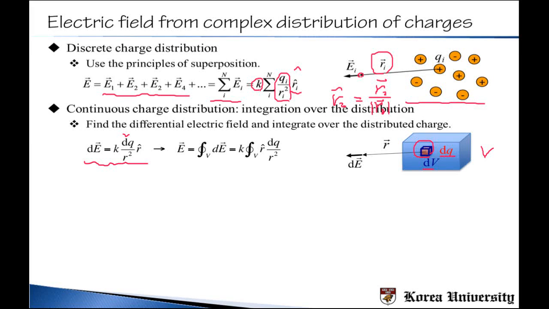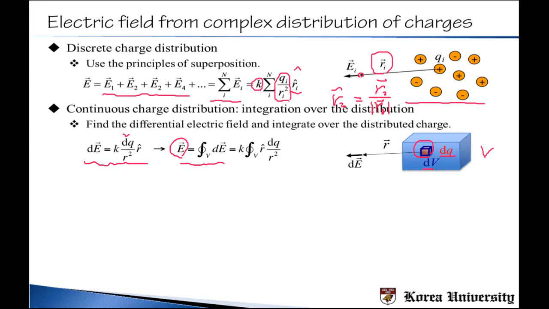Similar to what we have done just before, if you have independent or discrete charges, then you are making a summation. Here, integration is actually the same thing. You are still doing the summation, but over the continuous body. So this is how we write it. The total electric field will be an integration using this small electric field.